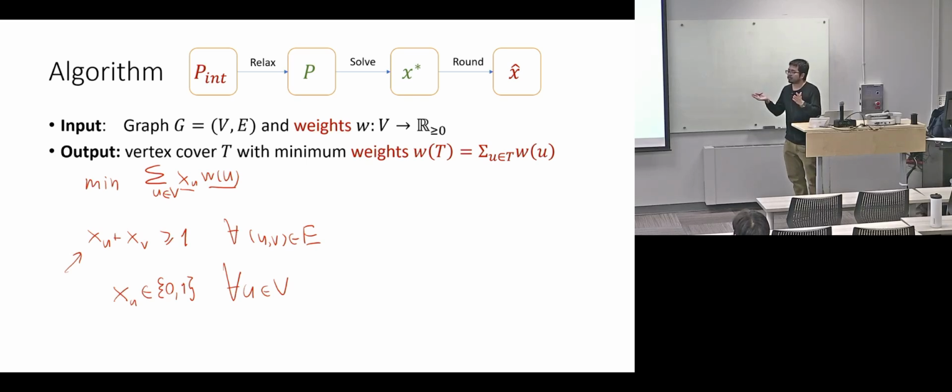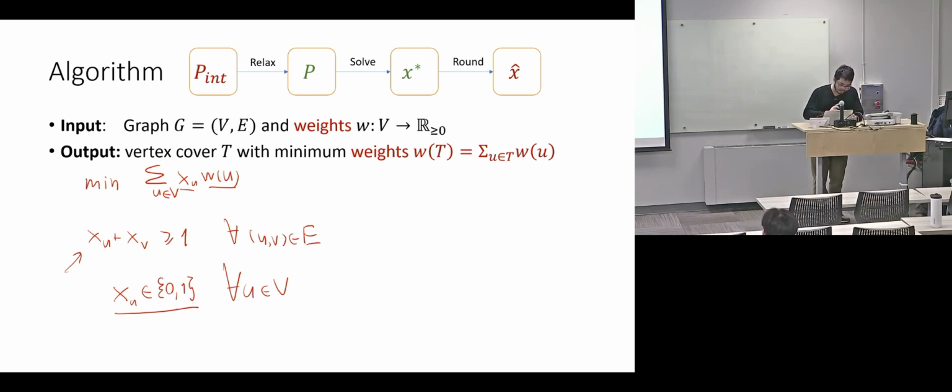The next step is trivial. It's just to remove the integrality constraint. But when I remove it, I should do it like this. Instead of 0, 1, I just say that it's between 0 and 1.